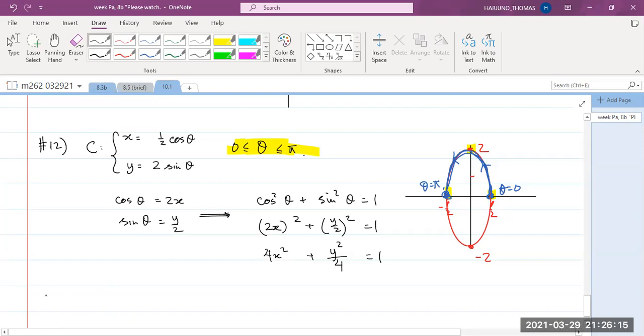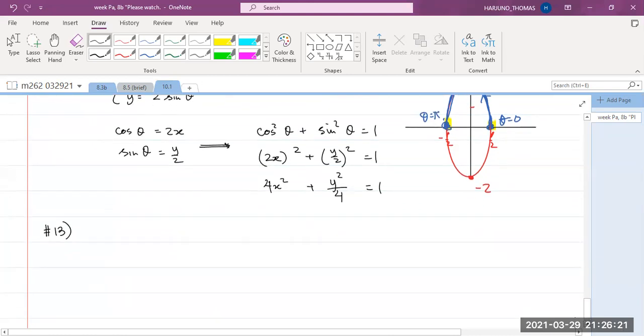Now, number 13 may be interesting because they mark it in red. The curve is given by x equals sine t, and y equals cosecant t. Oh, that's 1 over sine t. Right? So from here we see, oh, then y equals 1 over x. Is it right?